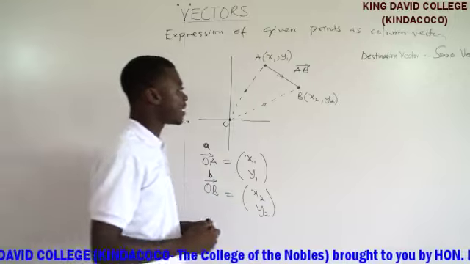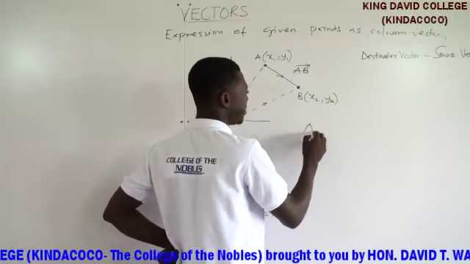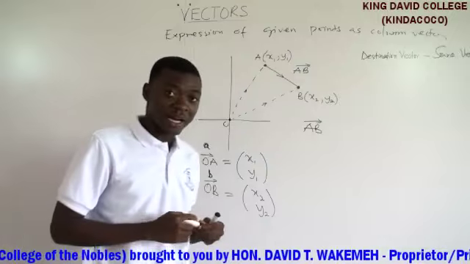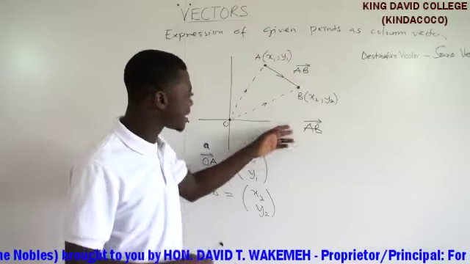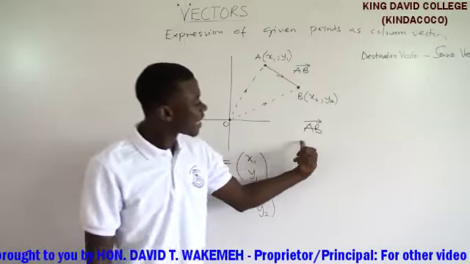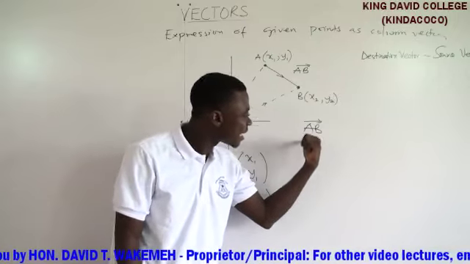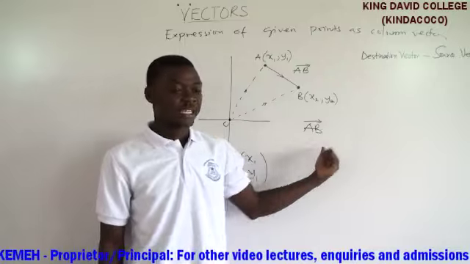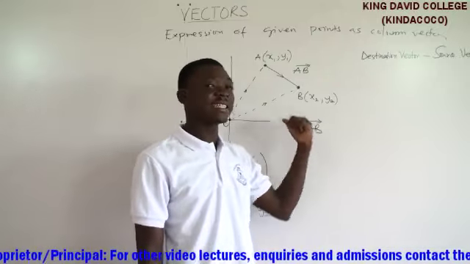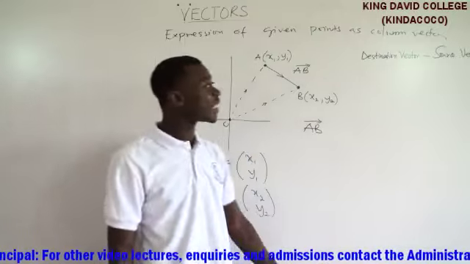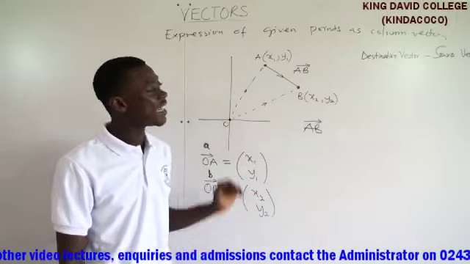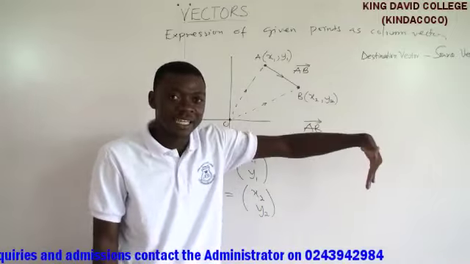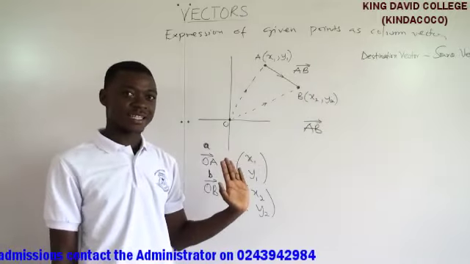So if I'm having, let's say, AB with the arrow, I already explained that this arrow means the vector is starting from A and ending at B. It's starting from A and ending at B. So when I say destination and source, you understand? Destination is where it's ending, source is where it's starting from.